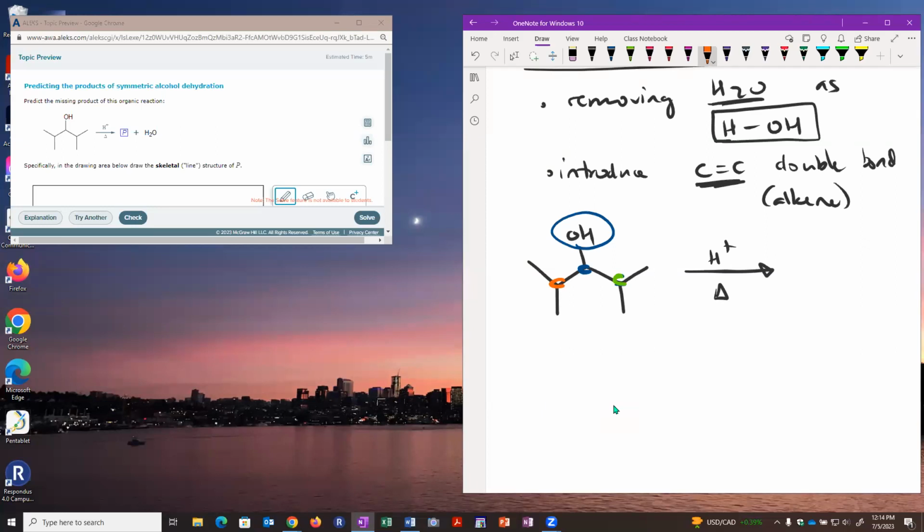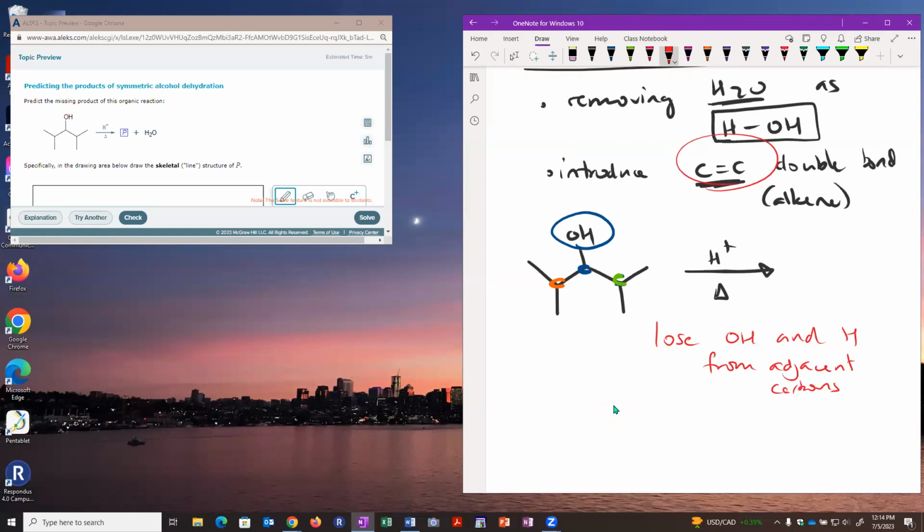The point here is we're going to lose an H from either one of these carbons here, the orange one or the green one. So when we take away, all right, so we're losing an OH and H from adjacent carbons. And we're going to introduce now a carbon-carbon double bond.